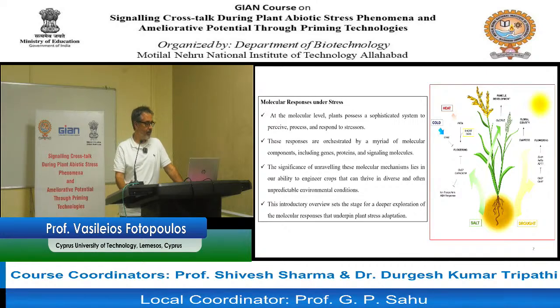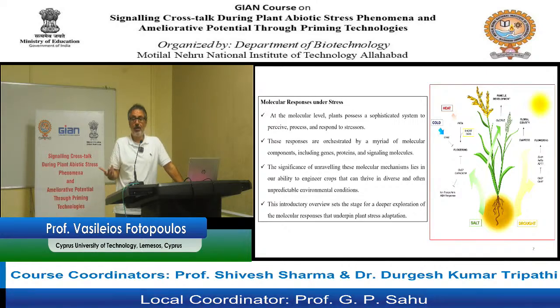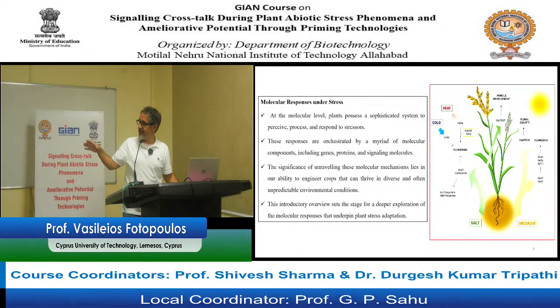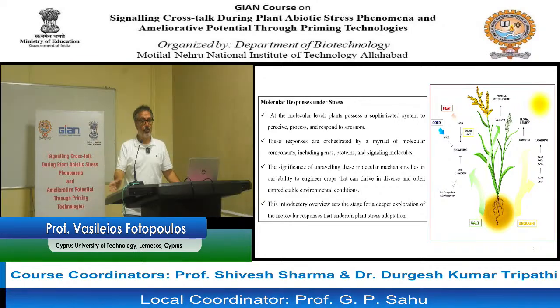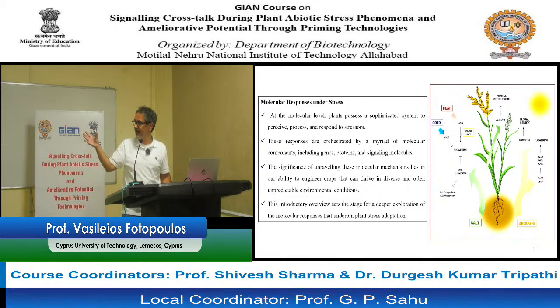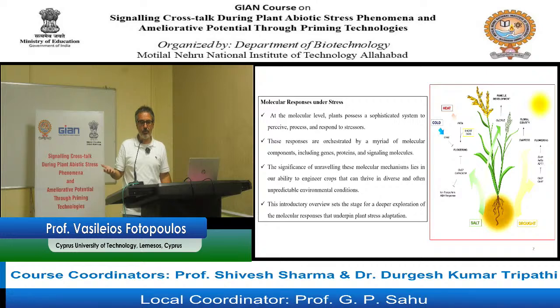At the molecular level, they possess a very sophisticated system to perceive, process, but also respond to the various different stressors. The complexity is represented by the fact that the molecular components can represent hundreds, if not thousands, of genes, proteins, as well as signal molecules. So it is not an easy task.